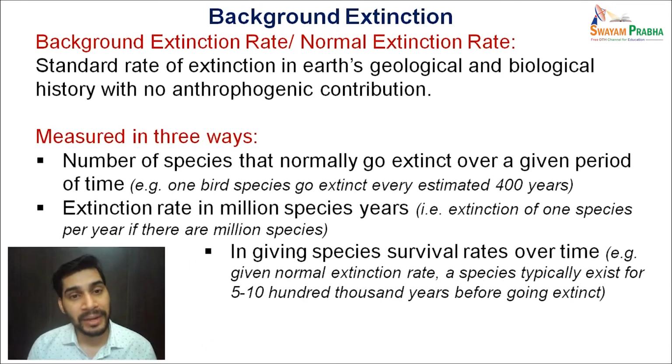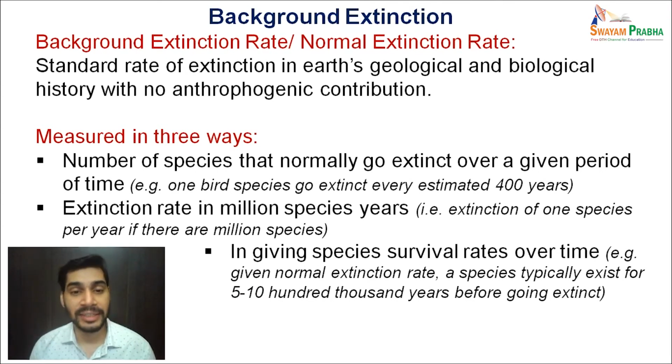Now, this background extinction can be measured in three different ways. For example, the number of species that normally go extinct over a given period of time. For example, let's say a particular bird species goes extinct every estimated 400 years. So this is a normal extinction rate of that particular bird. The second method can be extinction rate in million species years, which means extinction of one species per year if there are a million species present.